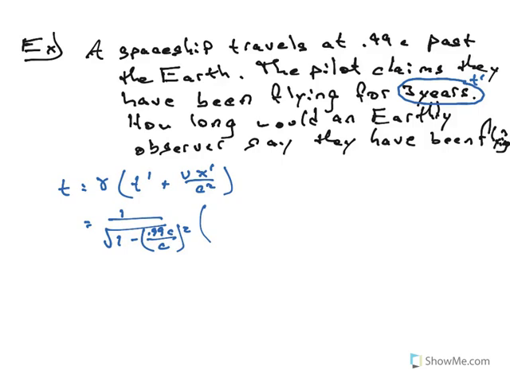Now, one thing you can do is just put everything in terms of meters per second and all of that stuff, our normal metric system. Or the other thing we can do is make use of the fact that certain terms are going to drop out here and just use the units of time given in the problem, which is years. That way we don't have a bunch of decimals and stuff like that.